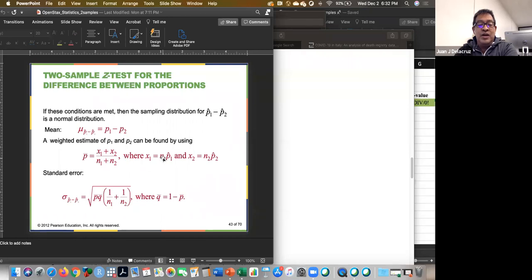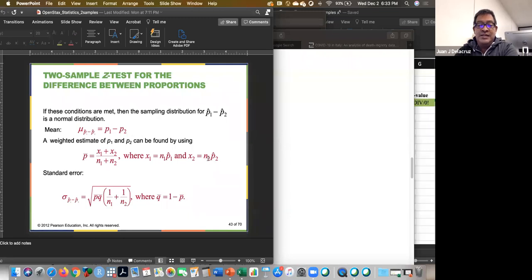So x1 is going to be n1 times p1, right? The sample size times the sample proportion of the first one, and then x2 is going to be the sample size of the second sample times the sample proportion of the second sample, right?